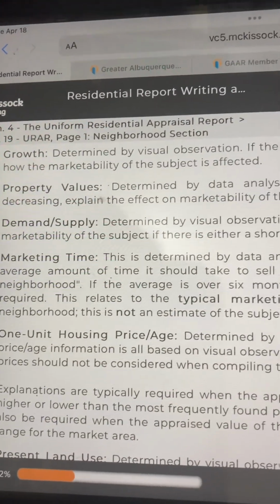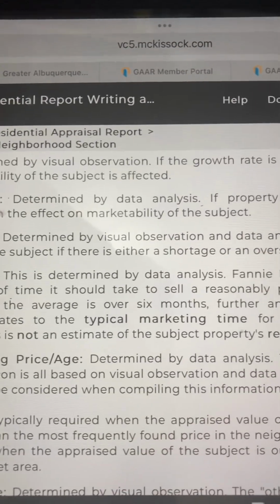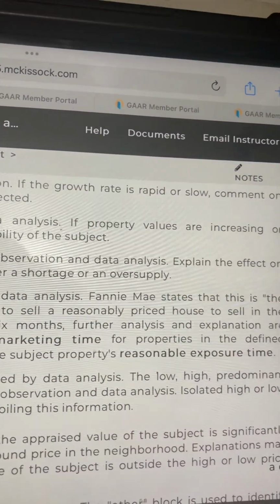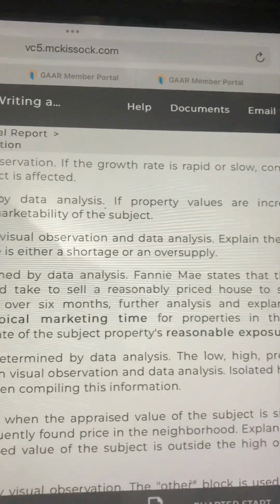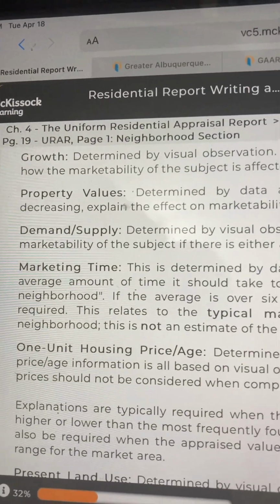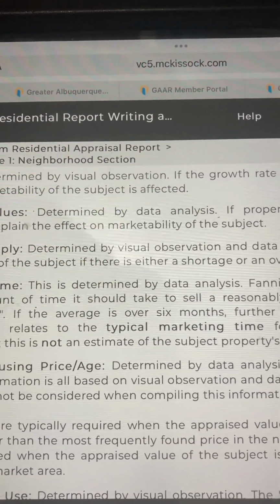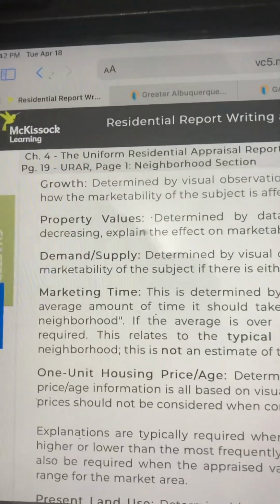Property values. Determined by data analysis. If property values are increasing or decreasing, explain the effect on marketability of the subject.